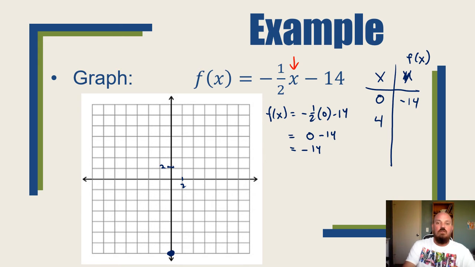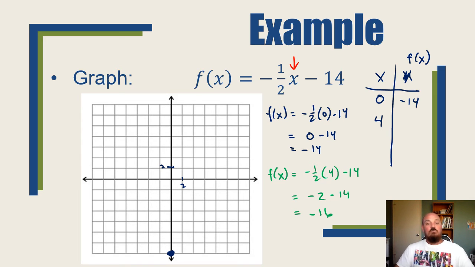So this time I have f of x equals negative 1/2 times 4 minus 14. Negative 1/2 times 4 would be negative 2. And negative 2 minus 14 is negative 16, which is off my graph.